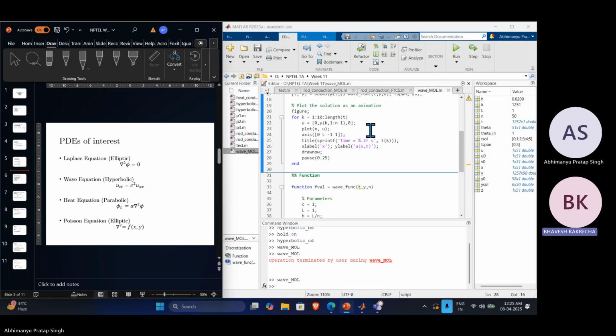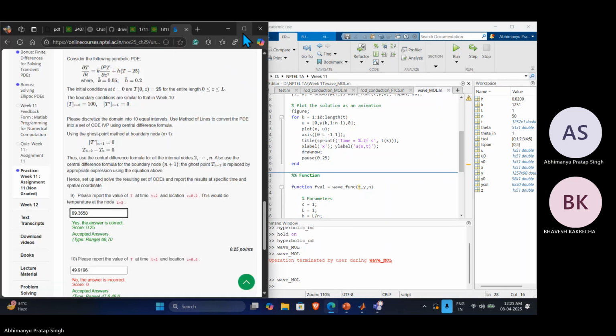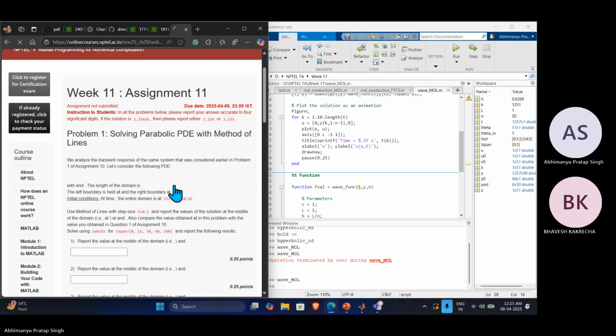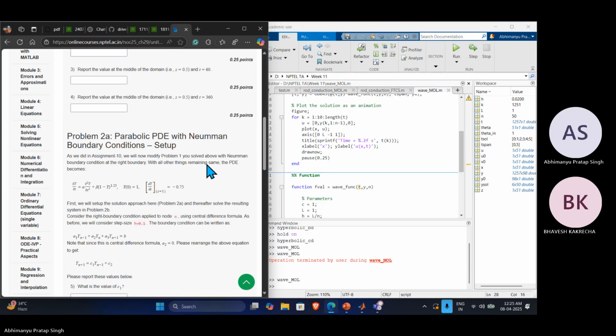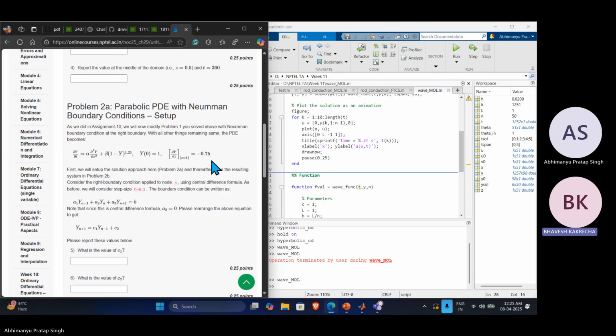Sir, in graded assignment number 11, week 11, in problem 2A, the boundary condition can be written as, and one equation is given, a1 y n minus 1 plus a2 y n plus a3 y n plus 1 equal to b.